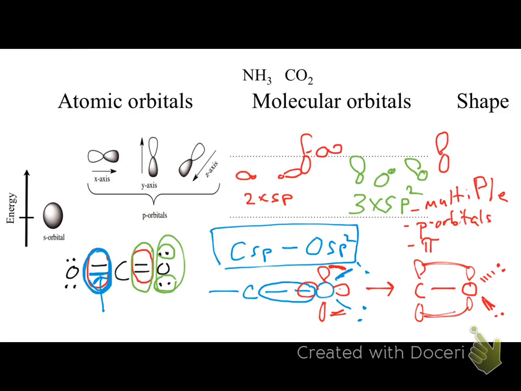So if we go through and circle all the way back to that initial question, and I want to know what orbitals are involved in making all the bonds that are now in that blue arrow, we get a carbon sp sigma bond, carbon sp to an oxygen sp2, and we get a pi bond. What orbital is involved in the pi bond? A carbon p orbital bound to an oxygen p orbital.